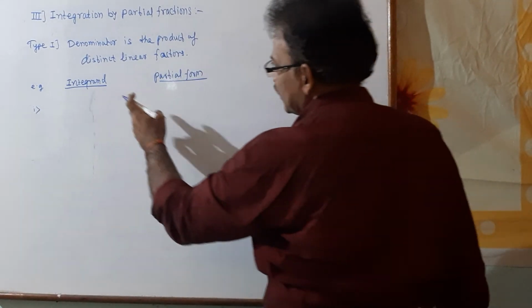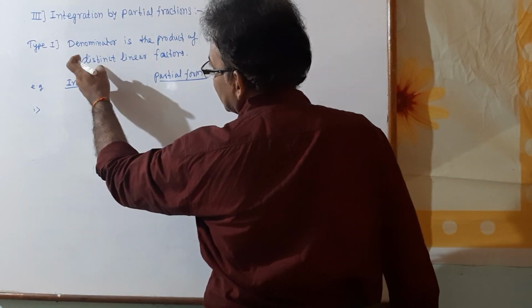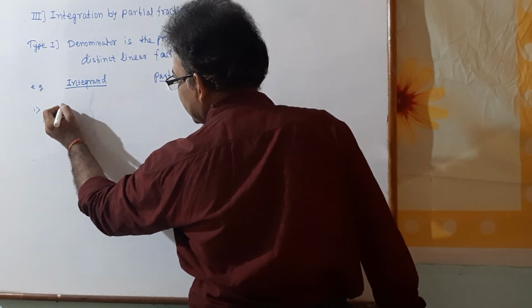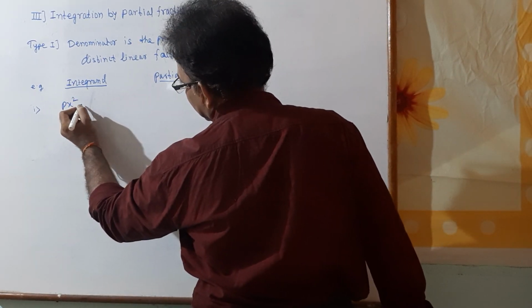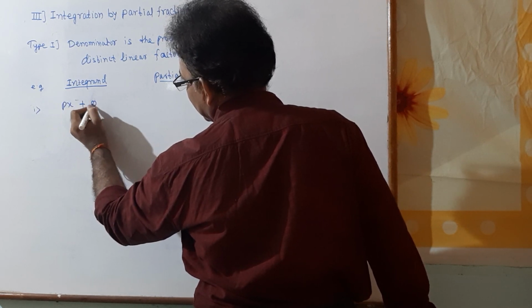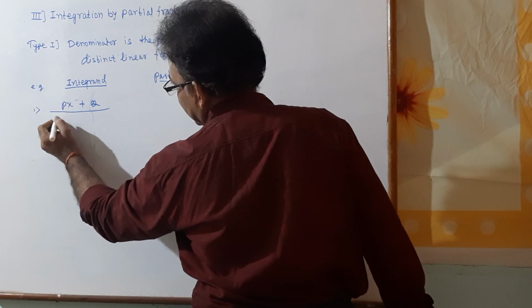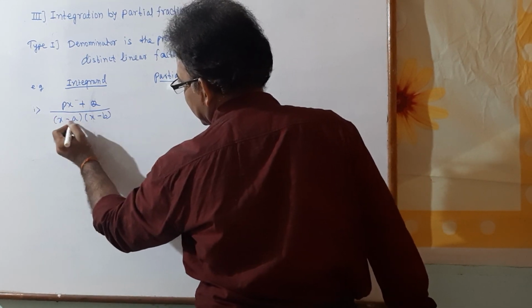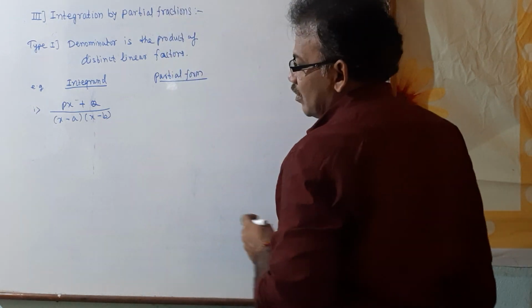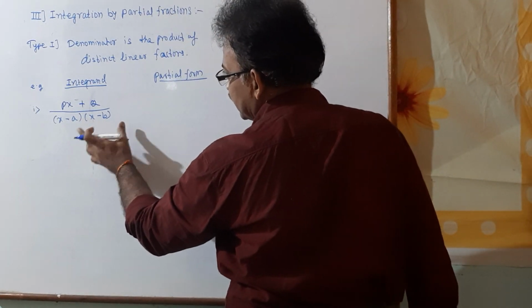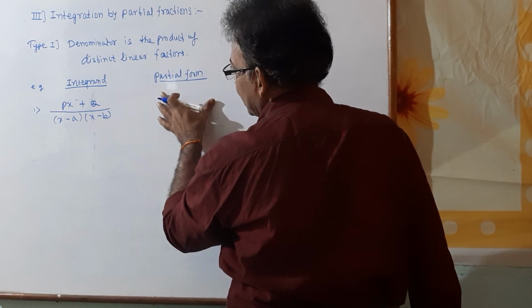So suppose the integrand is of this type, where the denominator is the product of distinct linear factors. Suppose px plus q divided by x minus a into x minus b. See here, the denominator is the product of different linear factors. So in such case, what is the partial form?